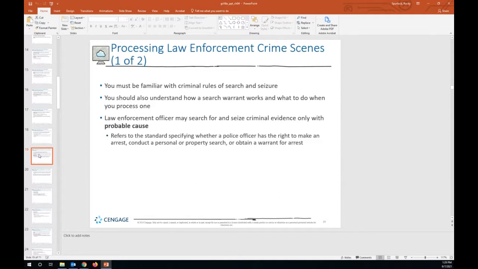Now, law enforcement officers may search for and seize criminal evidence only with probable cause. That's the standard that specifies whether a police officer has the right to make an arrest, conduct a personal or property search, or obtain a warrant for an arrest.